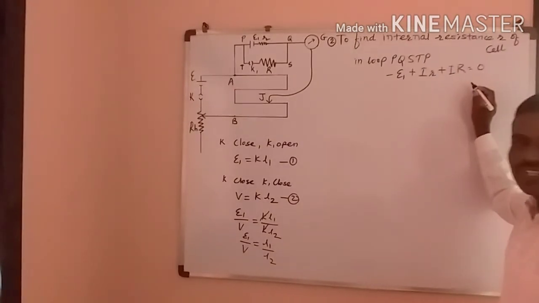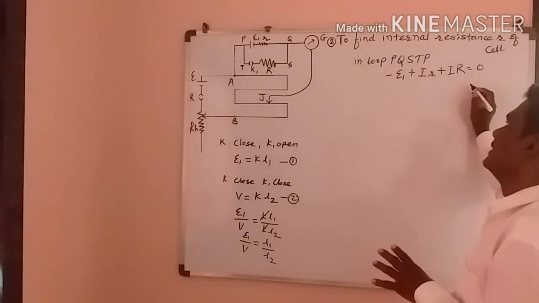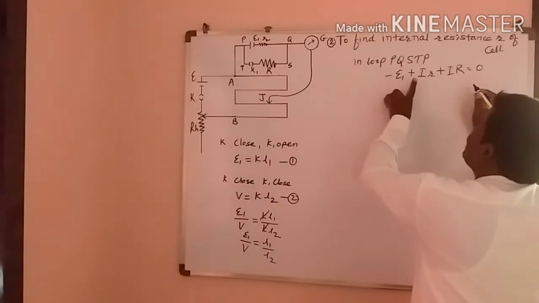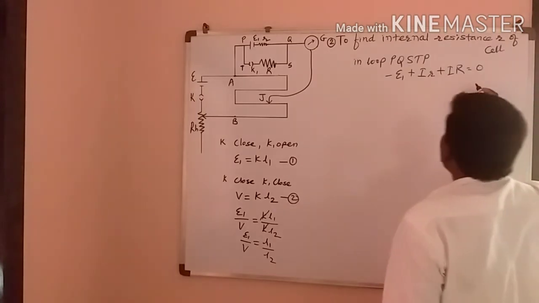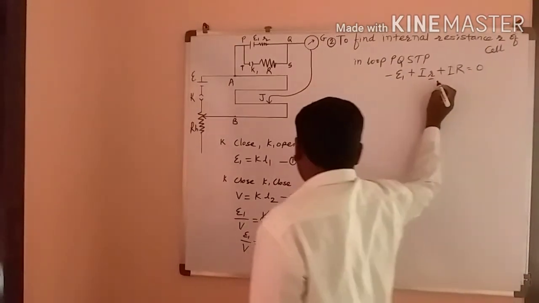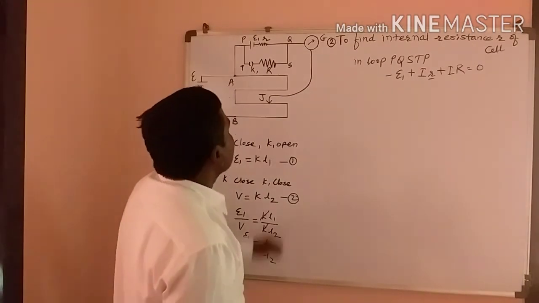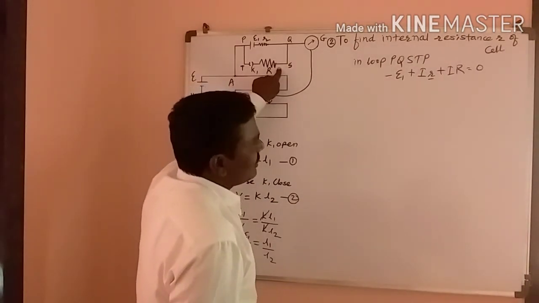When we apply Kirchhoff's voltage law, the EMF of cell E1 has a minus sign, plus Ir plus IR. Here r is the internal resistance of the cell, and R is the resistance of the resistance box.